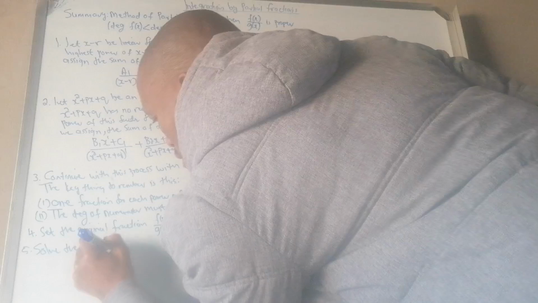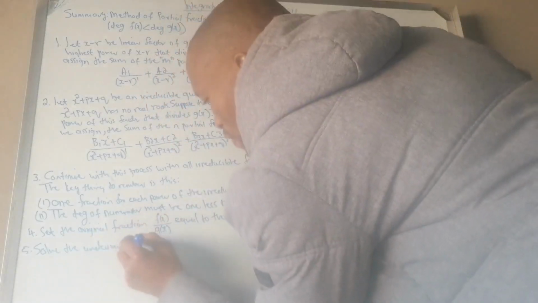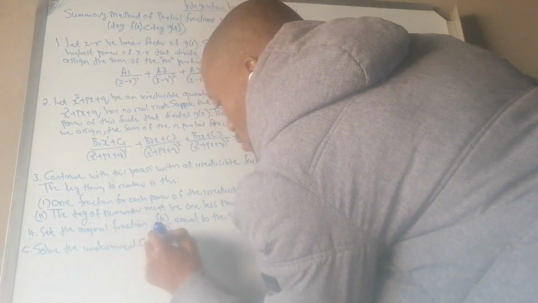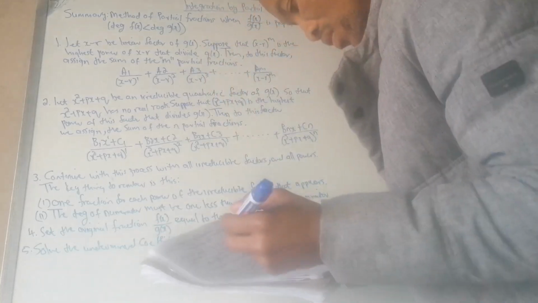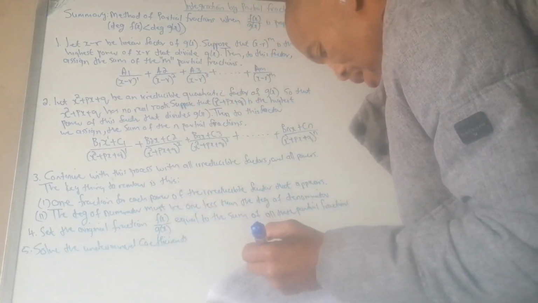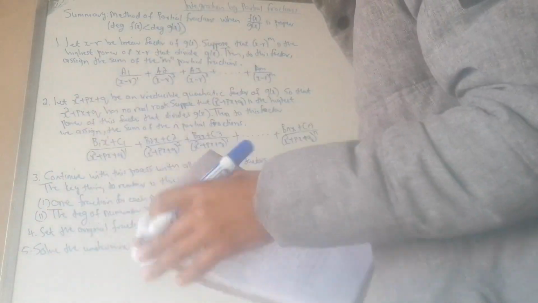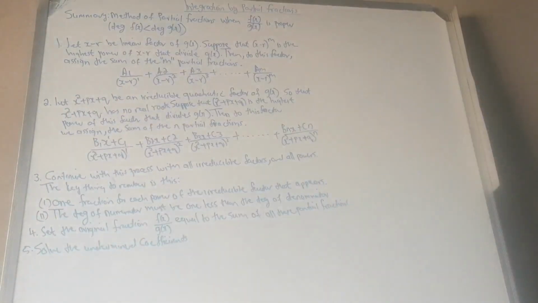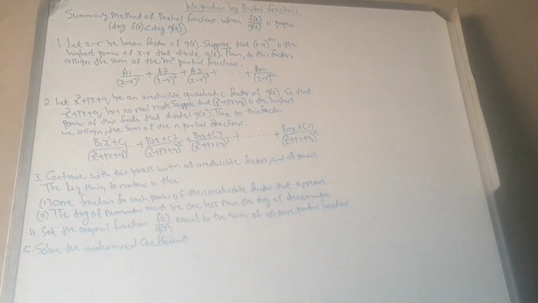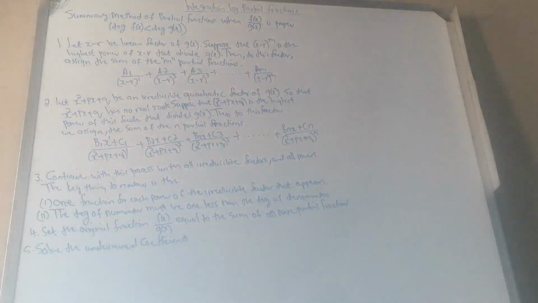We will solve the undetermined coefficients by either strategically plugging in values or comparing the coefficients of powers of x. I'm not going to finish writing that up, but this is exactly the approach we must always take to integration by partial fractions.